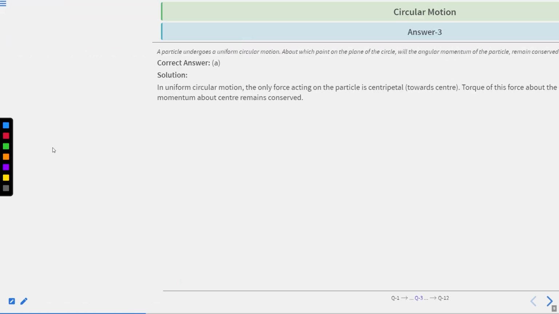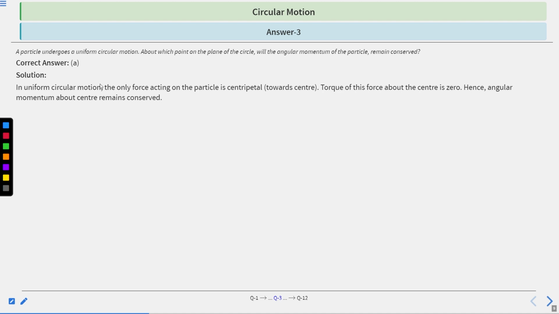Let's find the solution. According to the question, a particle undergoes a uniform circular motion; about which point on the plane of the circle will the angular momentum of the particle remain conserved? In uniform circular motion, the only force acting on the particle is centripetal force, and the centripetal force acts towards the center.